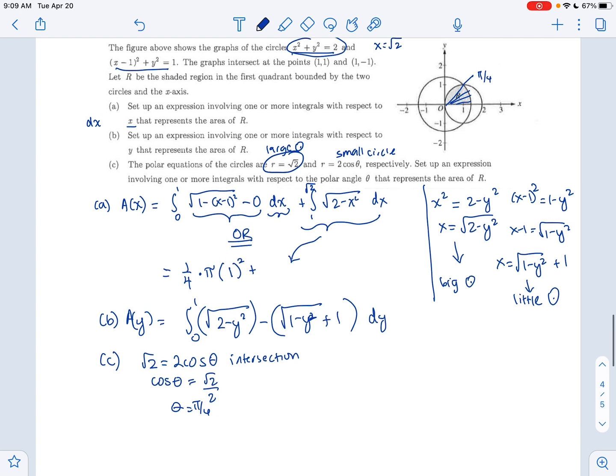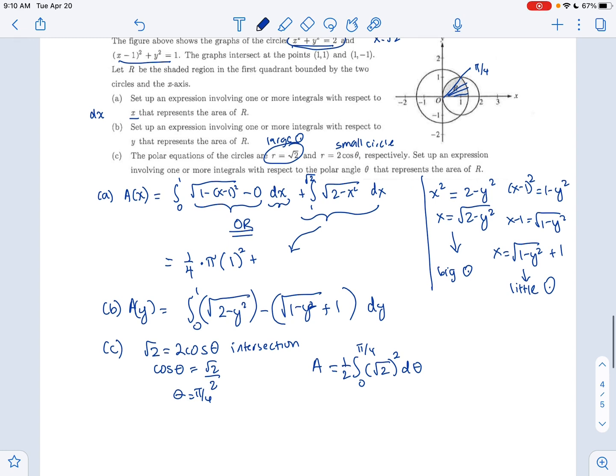Okay, so our area is going to be equal to, there's going to be two integrals here. So the first integral, we can go from 0 to pi over 4 of 1/2 r squared, and r in this case is radical 2 quantity squared d theta.